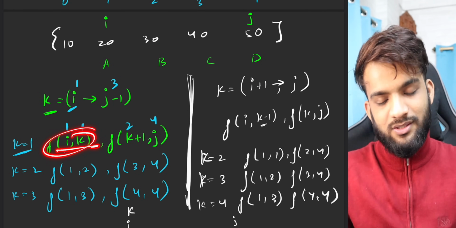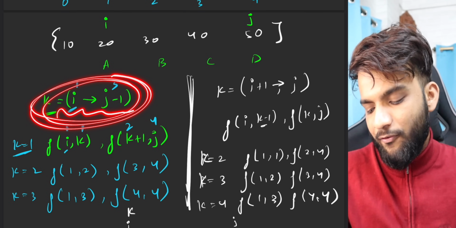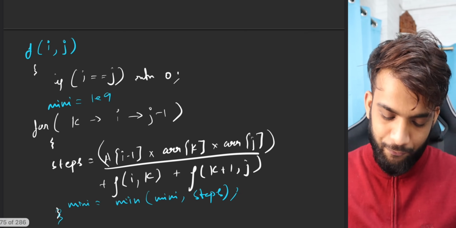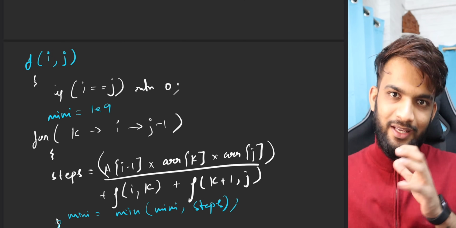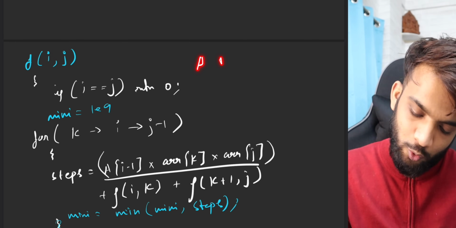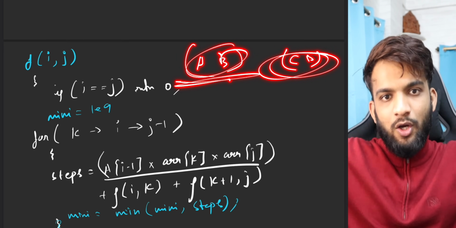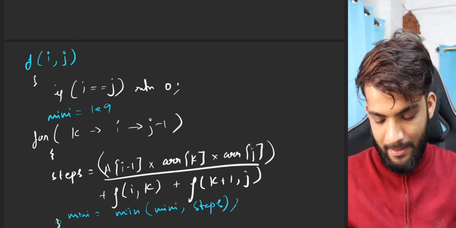On that basis, we ran a loop from i to j minus 1, or from i plus 1 to j. Simple. After that, we figured out that if there are two portions to be multiplied, then when they come across, the steps required will be this, and we got this formula.